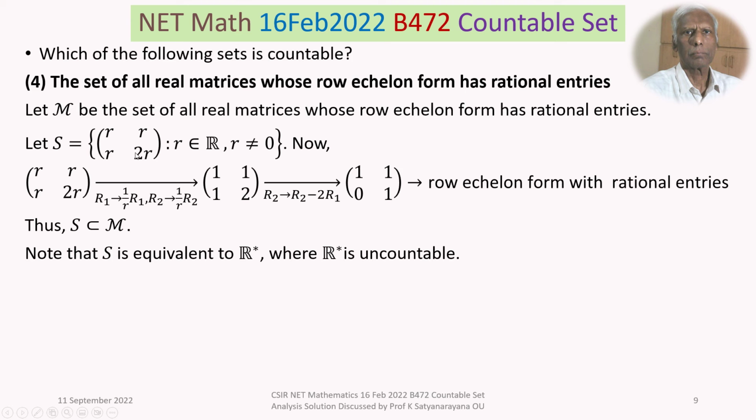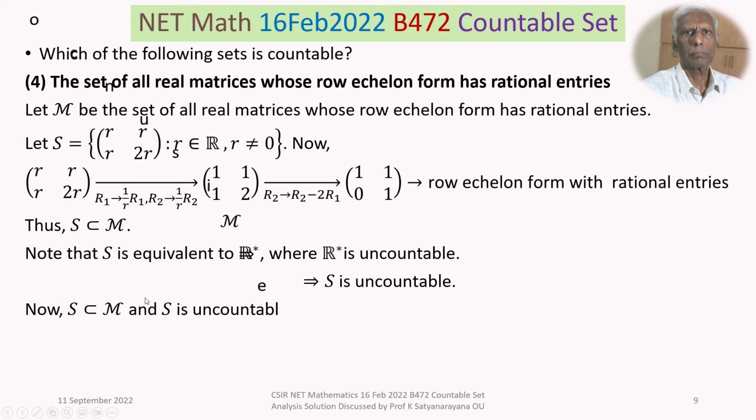Note that S is equivalent to R star. I have told you how many elements are there in S, as many as there are in R star. S is equivalent to R star, where R star is uncountable, therefore S is uncountable. Now S is contained in M, and S is uncountable. Every superset of an uncountable set is uncountable. M is uncountable.